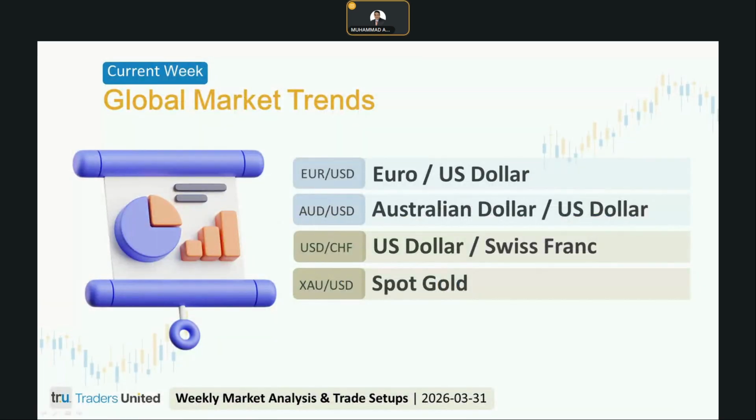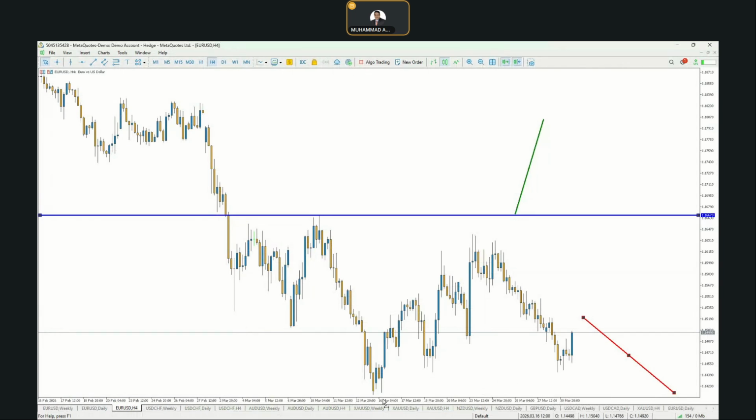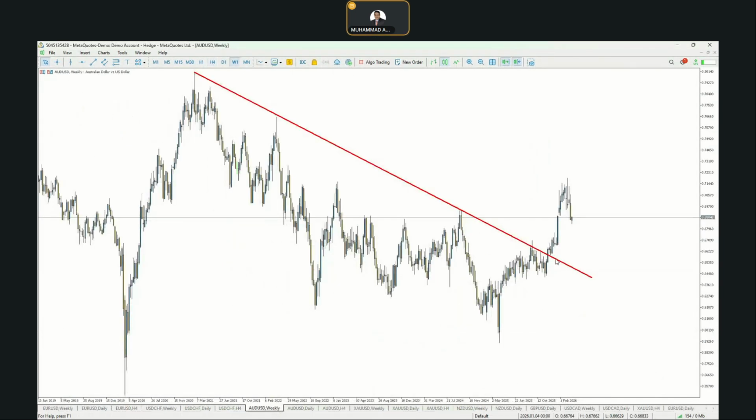The next one is the Australian dollar AUD USD currency pair. This was the weekly bullish breakout, and we can extend this trend line over here.